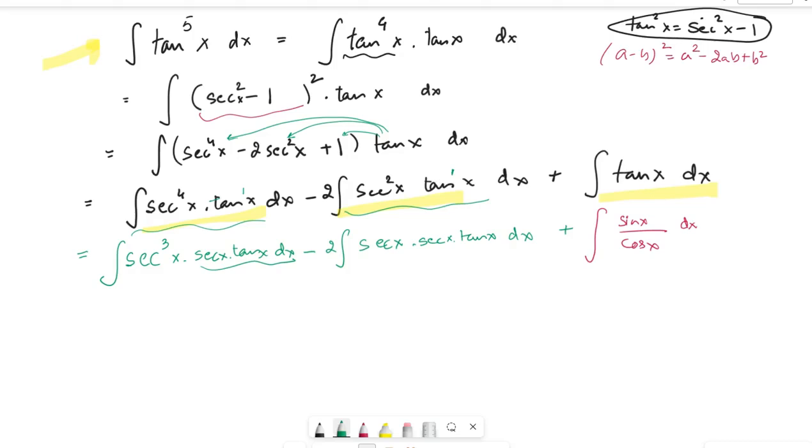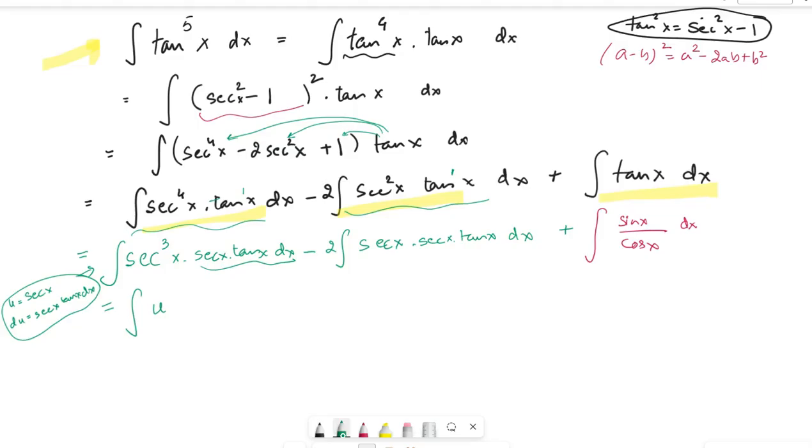For the first part, we are going to u-sub, u equal to secant x. If we do that, du is secant x tangent x dx, because the derivative of secant is secant x tangent x. So let's write this part down.